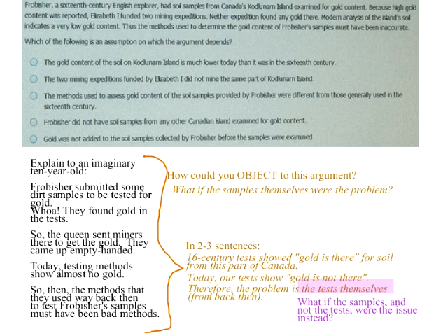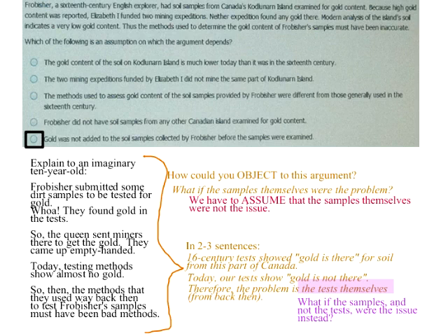So if you do that, then you realize that this is an objection. So we have to assume that the samples themselves were not the issue. That's one of the things.